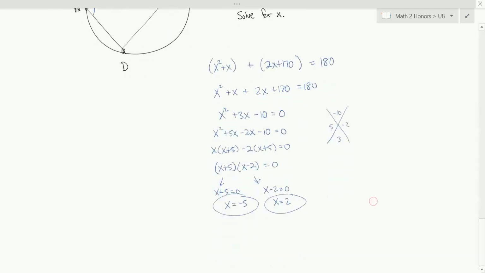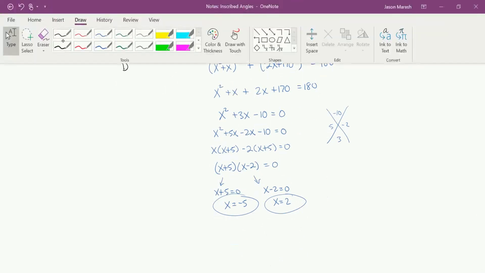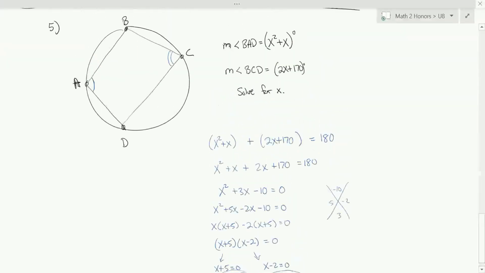All right, last problem I want to give you for your notes. See if you can get this one. Number 6.